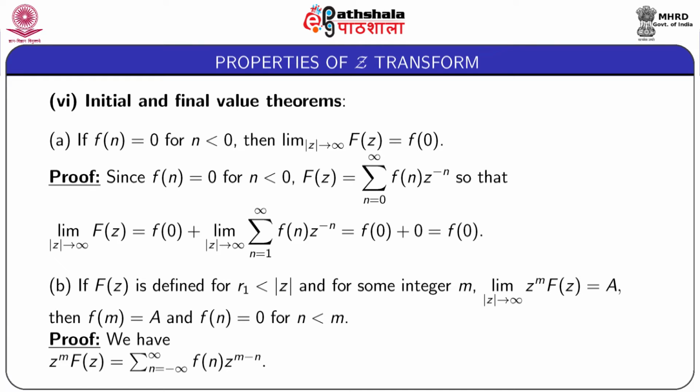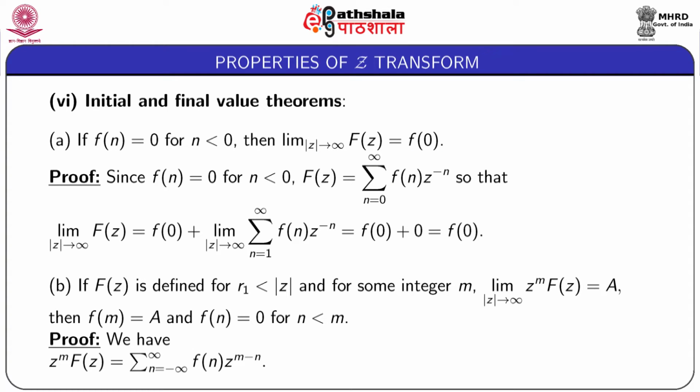Next comes the initial and final value theorems. First is the initial value theorem, which states that if f(n) equal to 0 for n less than 0, then limit mod z tends to infinity of capital F(z) is f(0), small f(0).